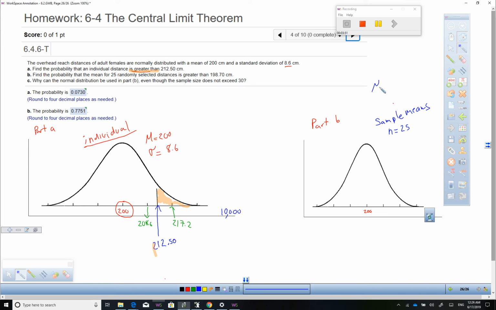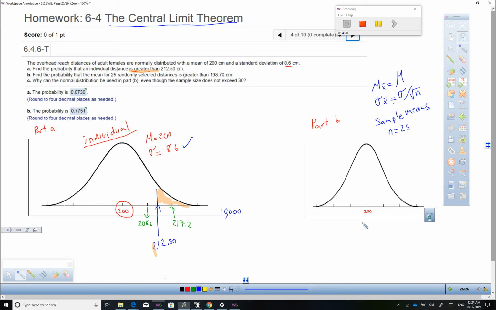According to the central limit theorem, the mean of the sample means will be the same as the mean of the population, but the standard deviation, or the standard error, will be the standard deviation of the population, this one right here, divided by the square root of n.